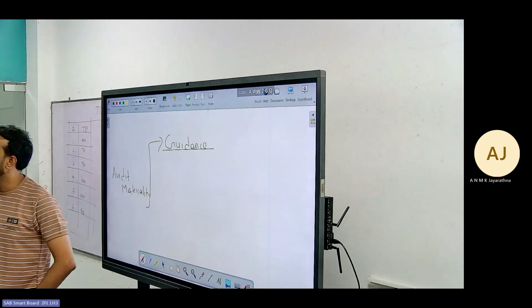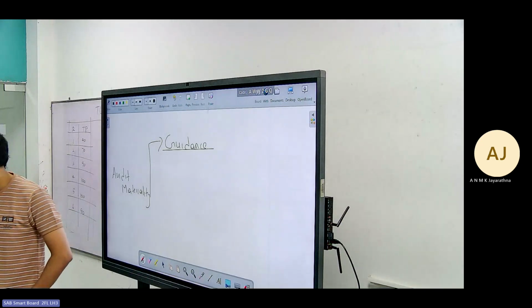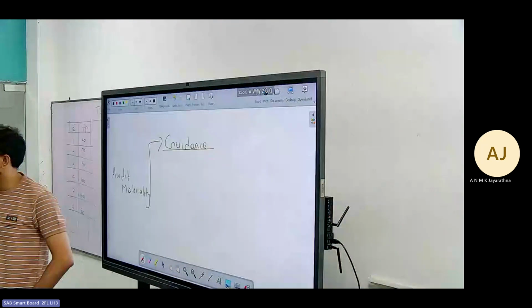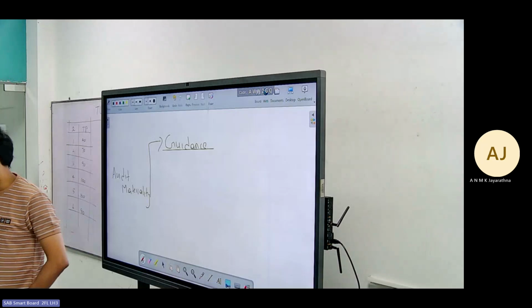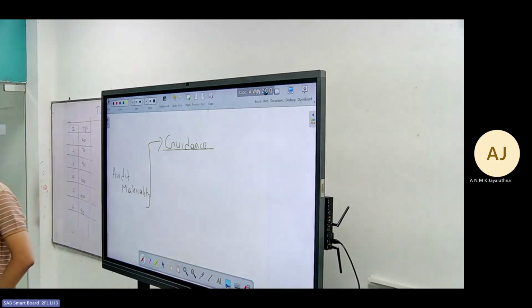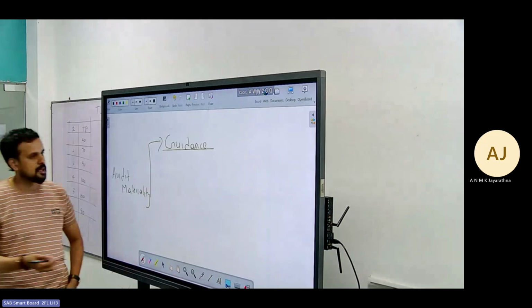So how are you going to compute the materiality by amount? Based on the financial statements, you should calculate the amount. For that, the standard has given some guidelines, benchmarks.